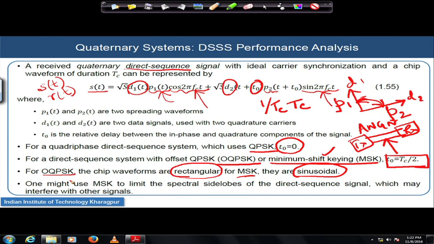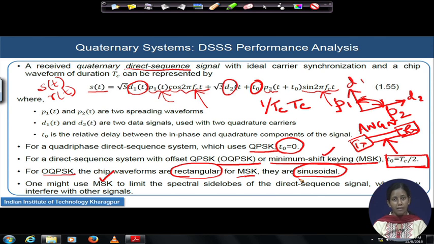So, we prefer to utilize the MSK signal, and remember there is another plus point of MSK, because in the MSK signal by default we prefer to use the chip waveform of sinusoidal type, and we all understand now the plus point of using a sinusoidal chip waveform over a rectangular chip waveform.